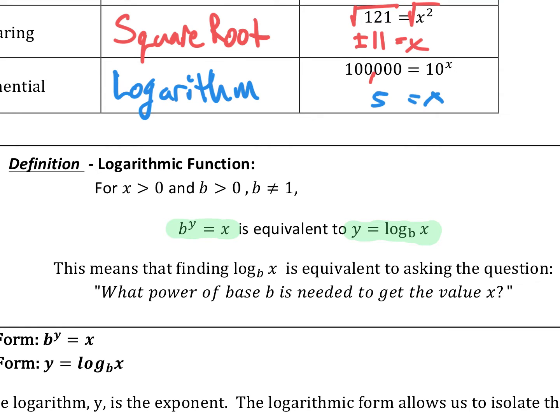We call this the base, just like we called this the base. All right? So we're asking a question here. We say b to what power equals x is what we're asking. That's the same as saying y equals log base b of x.